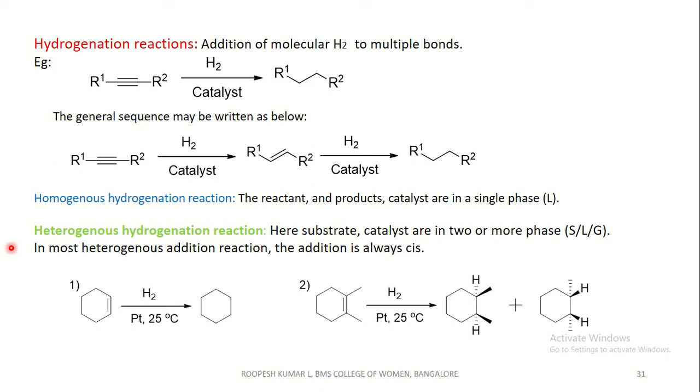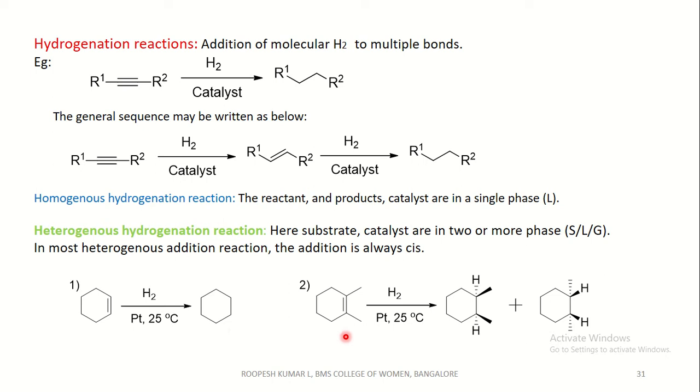In most heterogeneous addition reactions, the addition is always cis. Coming to an example, cyclohexene on reacting with hydrogen in the presence of a platinum catalyst at room temperature, we get cyclohexane.